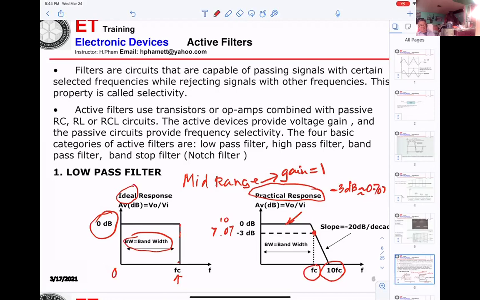Now I say at 10 times Fc, it's down 20 dB per decade. Can you tell me at that 10 Fc what the output should be?